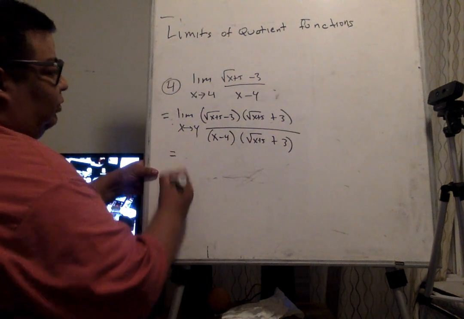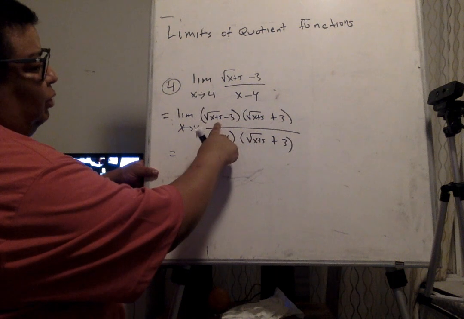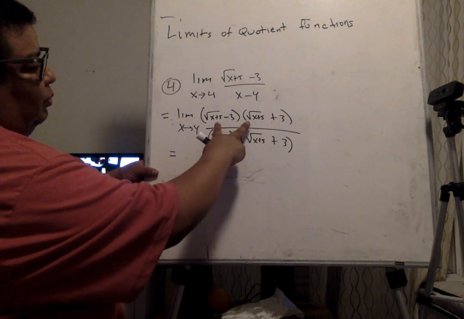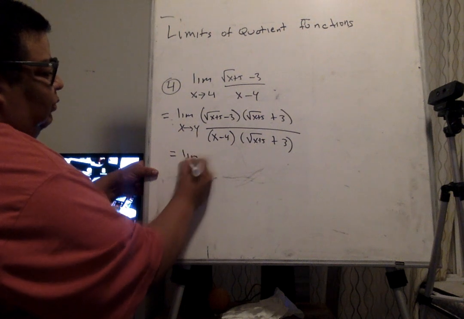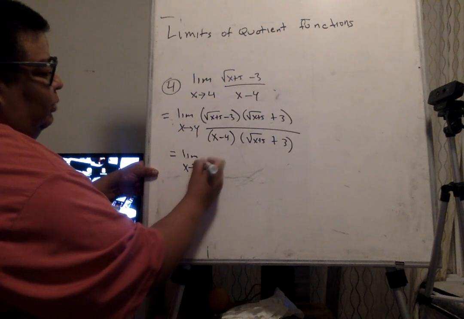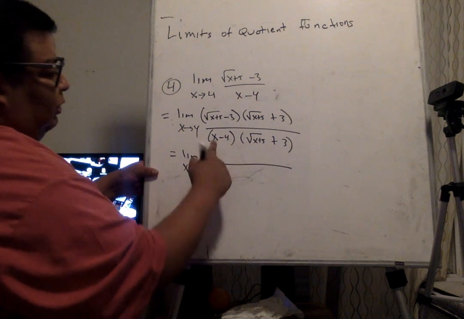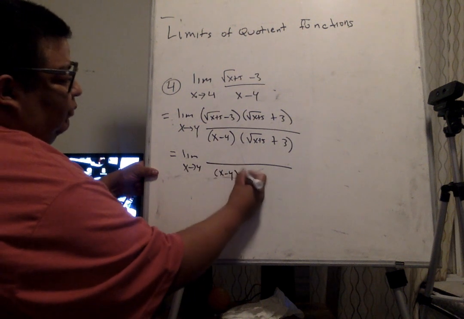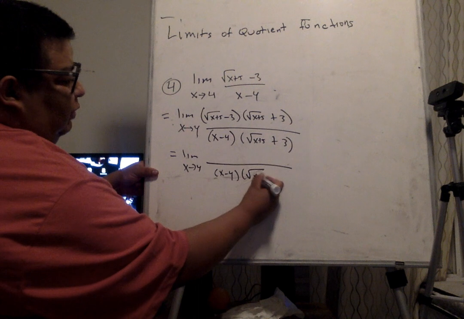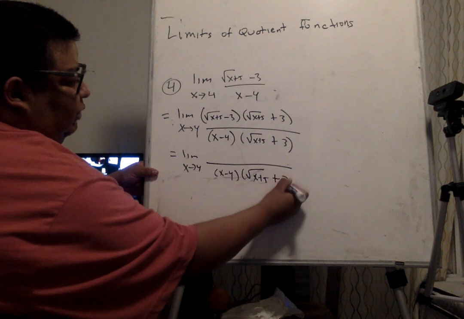Now this is equal to, let's multiply. When we FOIL this out, remember, limit x approaches 4. Let's leave the denominator as it is right now. You'll see why. Square root of x plus 5 plus 3.